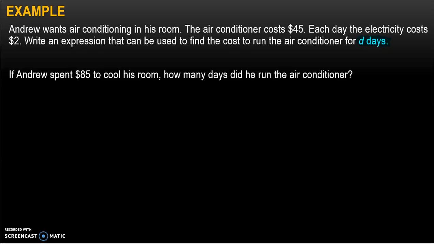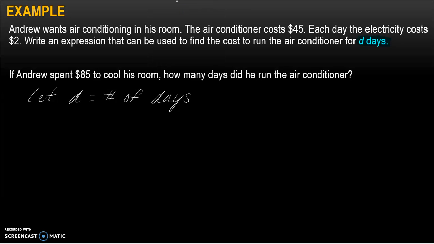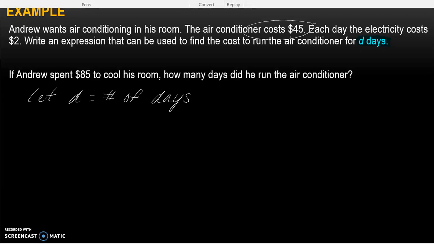So we are going to let D equal the number of days. All right. Additional information here, we have the air conditioner is $45 and electricity each day costs $2.